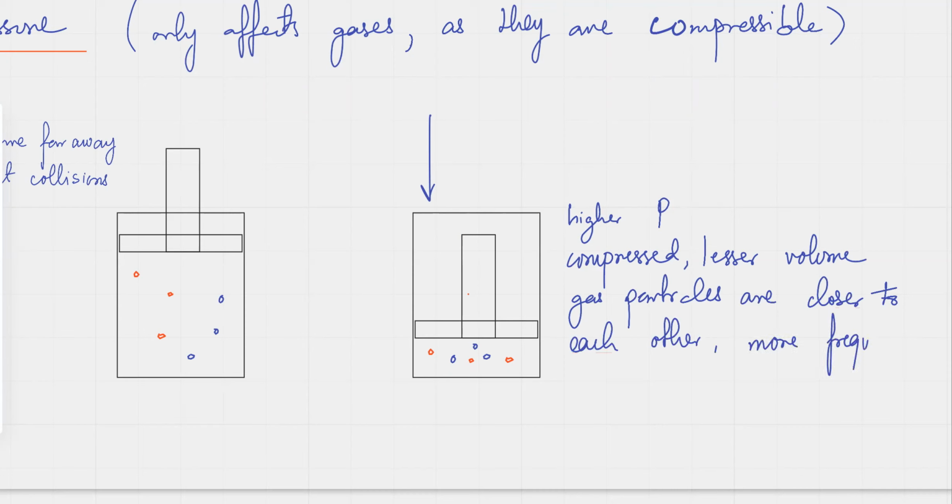So that means you're going to get a faster reaction. But remember, compression can only happen in gases, not in solids, not in liquids. This phenomenon only happens in gases. So high pressure, you're going to have a lot faster reaction because the particles would be closer together and they're going to bump into each other a lot more.